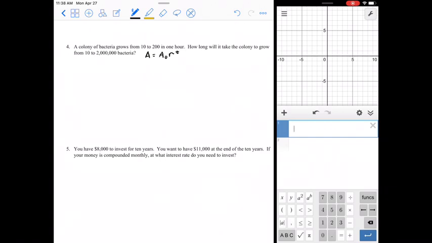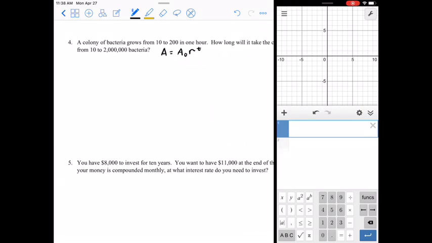And so when we look at this problem, what we're starting off with is A naught. In other problems, we'd call that our principal or our initial amount. We're starting at just 10 bacteria. But we want to know, well, our A, our final, we're asking about 2 million bacteria.